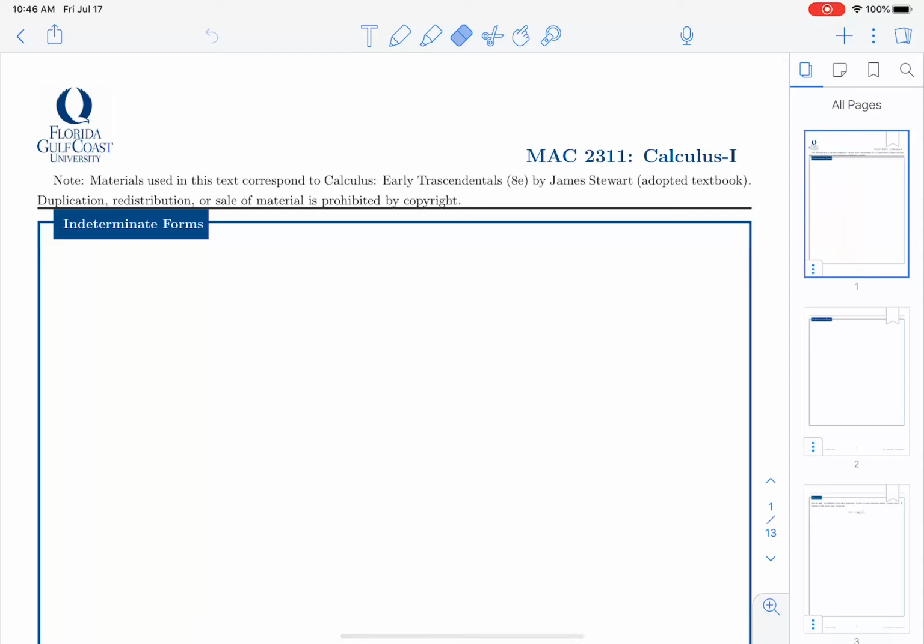First, I'm going to go for an indeterminate form of quotients, or I could write it as a general indeterminate form.